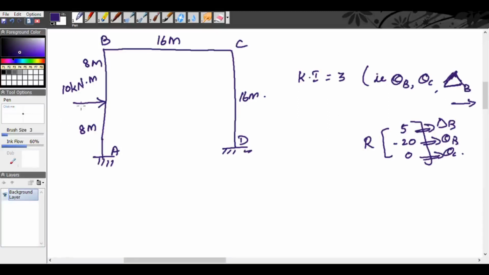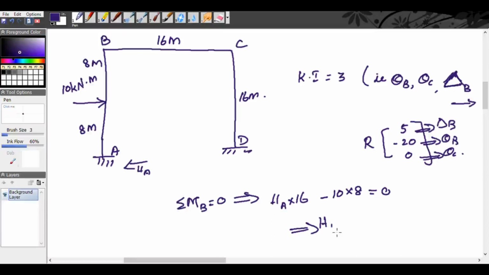Here we have a 10 kilonewton meter, right? So when you solve this, that is taking sigma h is equal to 0, sigma v is equal to 0, sigma m is equal to 0. Okay, you can take sigma M at B is equal to 0. We get the horizontal reaction HA, right, clockwise. So HA into 16 anti-clockwise minus 10 into 8 is equal to 0.